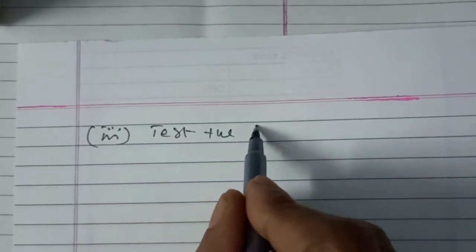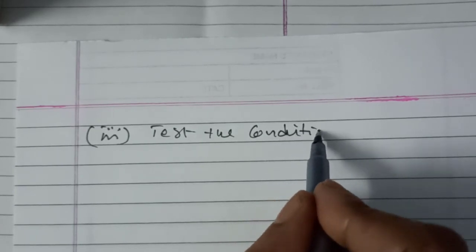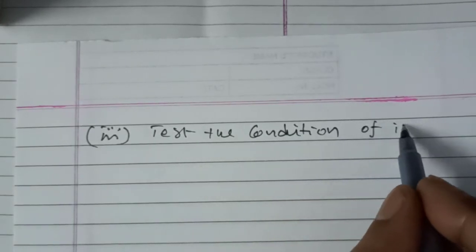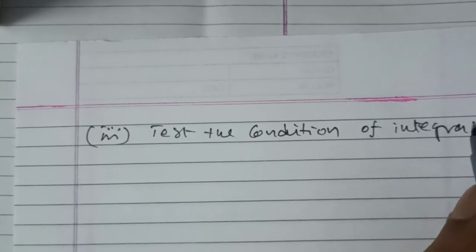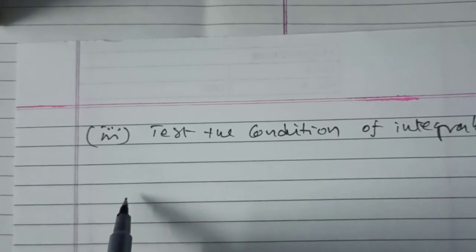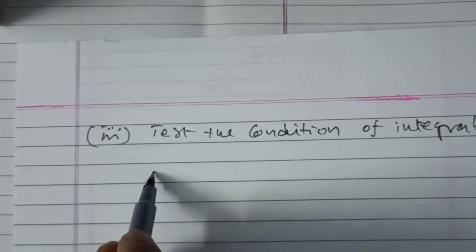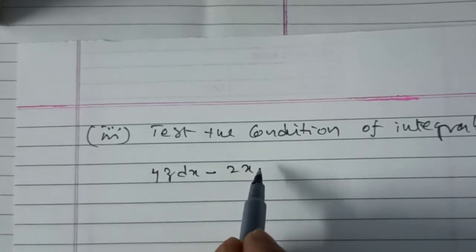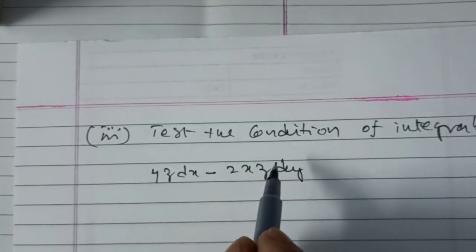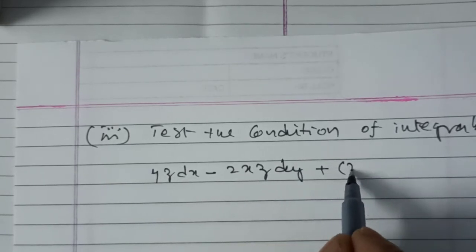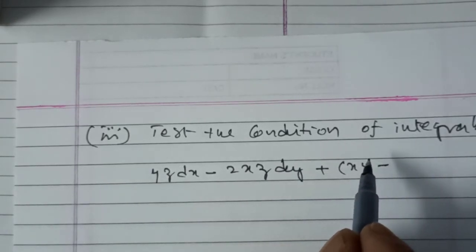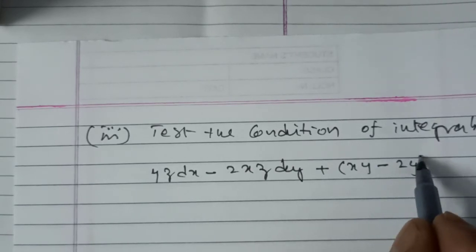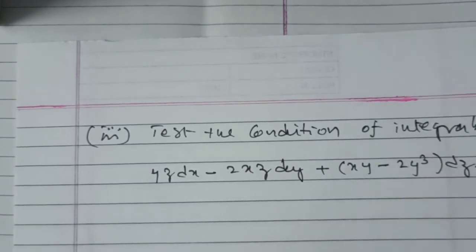So the third problem: test the condition of integrability. yz dx minus 2xz dy plus (xy minus 2y³) dz is equal to 0.